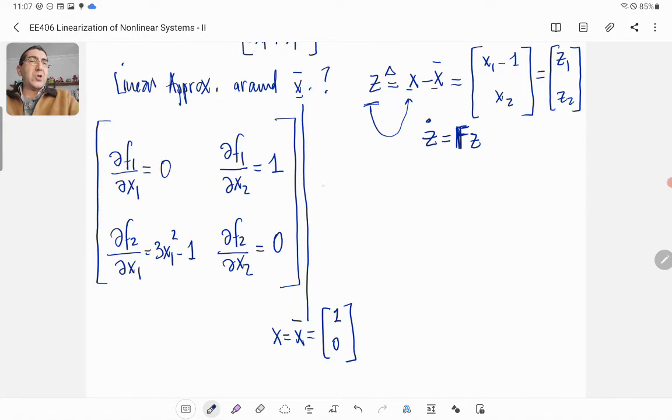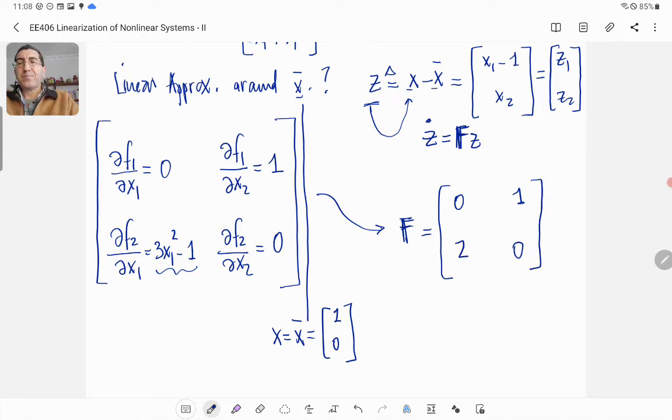Therefore, f is equal to things that are already constants, 0, 1, 0. But I also need to evaluate this at x1 equals 1, x2 equals 0. If we put x1 equal to 1 here, it's going to be 3 minus 1, which is equal to 2.